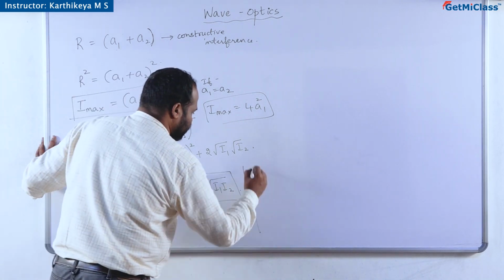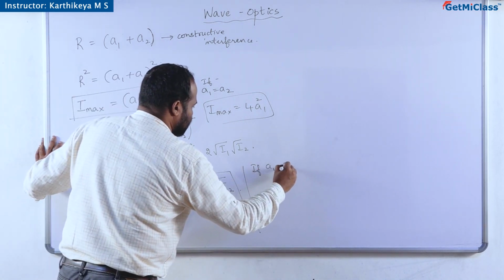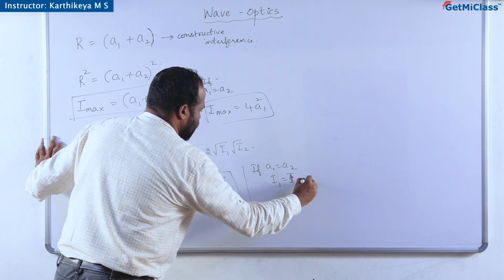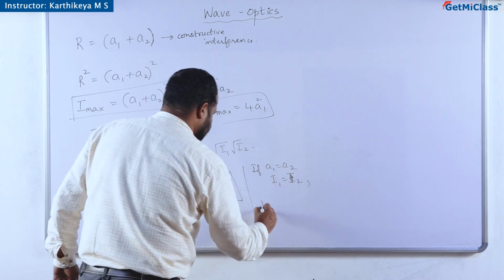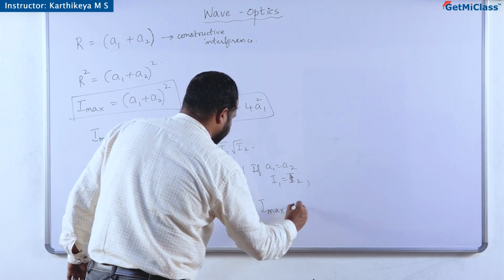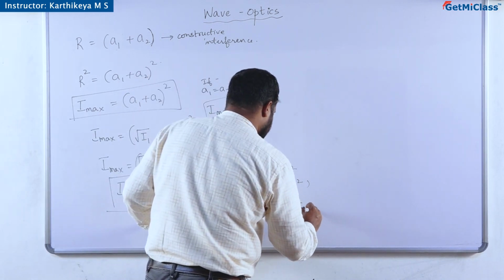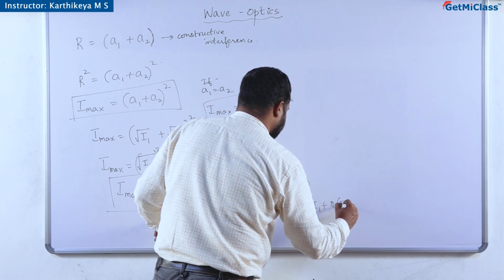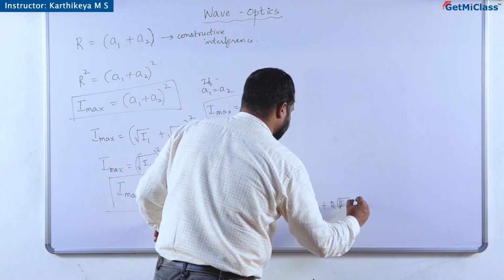Similarly, if A1 is equal to A2, then I1 is equal to I2. Then in that case, I maximum will be I1 plus I1 plus 2 root of I1 I1.